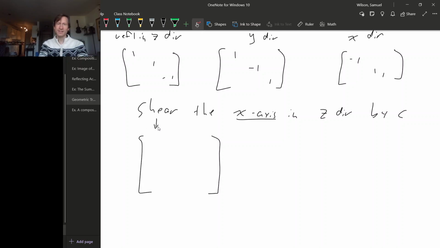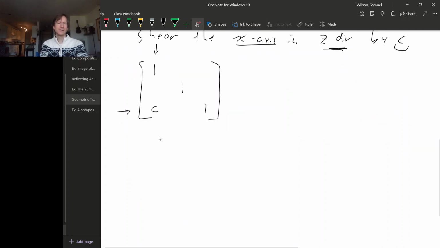So we're shearing the x-axis, so we're going to have a non-zero entry in our first column. And the direction that you're shearing tells you the row. And so this c is going to go in the first column, third row, so there. And then down the diagonal, shearing always has a 1. Right? So here's a shear of the x-axis in the z direction.